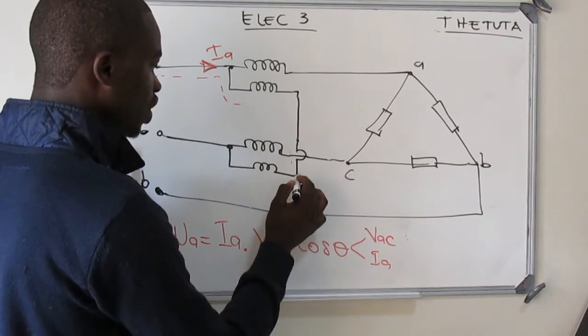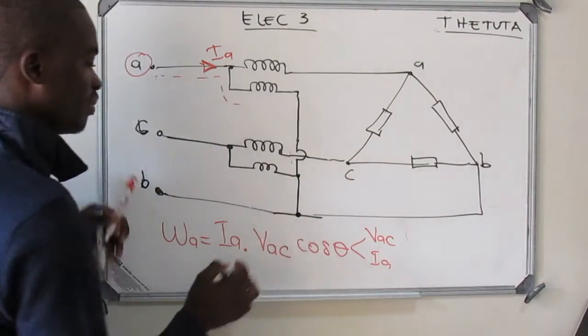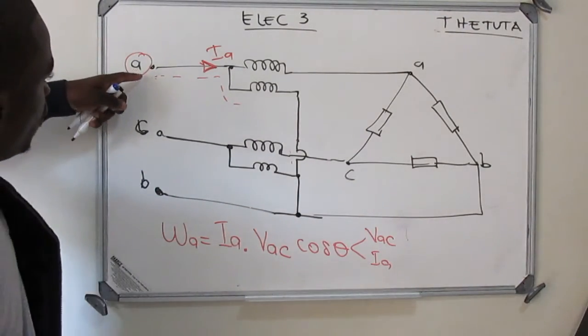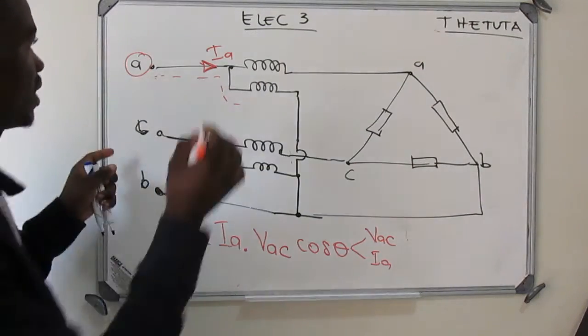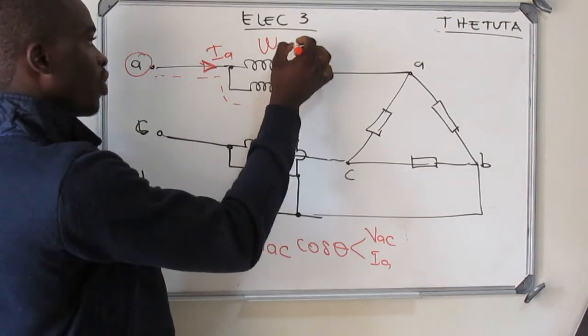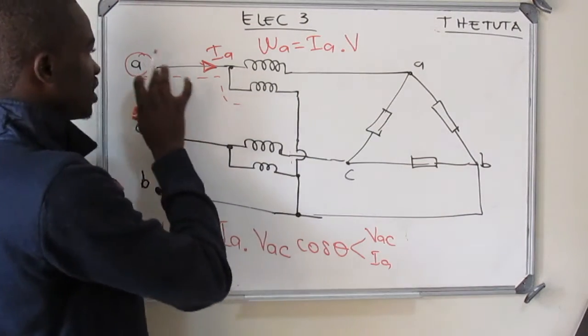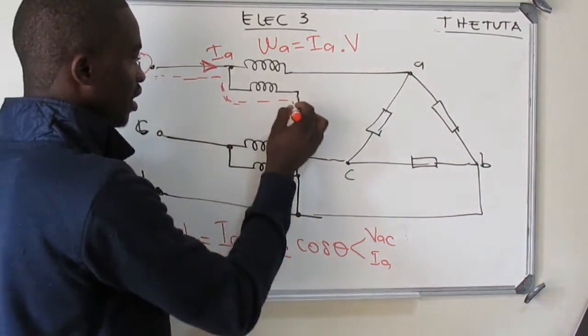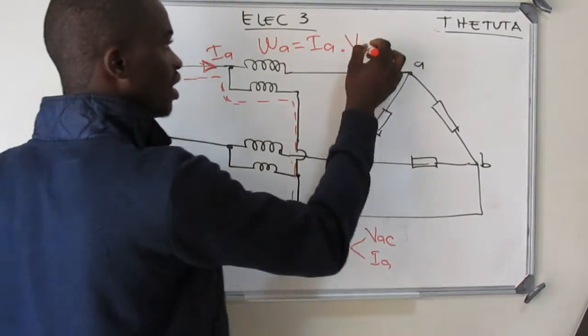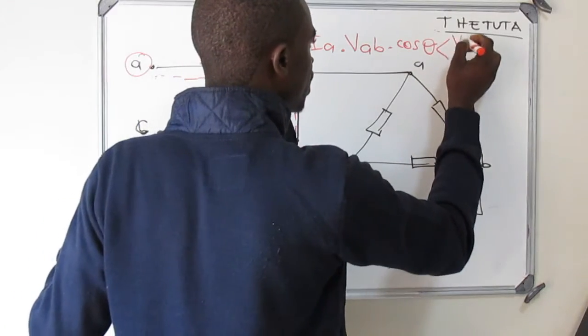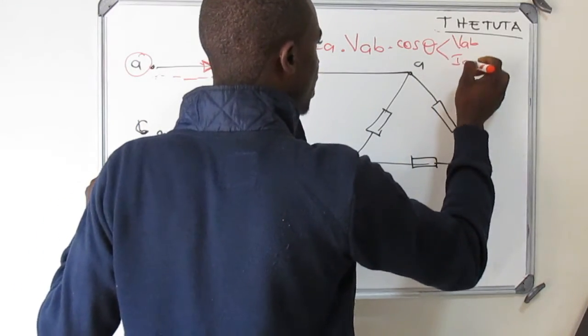The common point is going to be where we don't have the wattmeter, so it's going to be B. We start, for instance, with wattmeter A. We're going to have a current IA, but the voltage is going to be the voltage A to B, VAB, and then cos of the angle between the voltage VAB and the current IA.